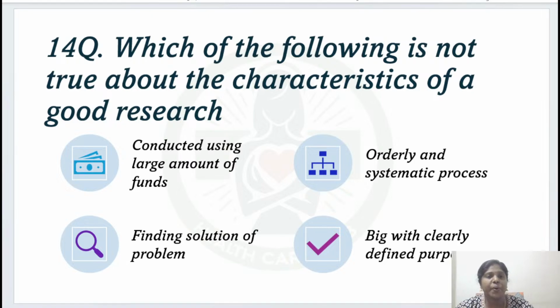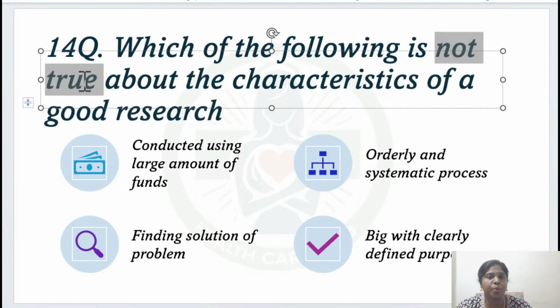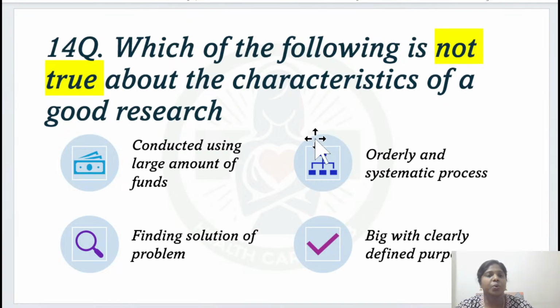Next, which of the following is not true about the characteristics of a good research? When you are doing a good research, which of the following is not true? Here the question is about which one is not true about the good research.